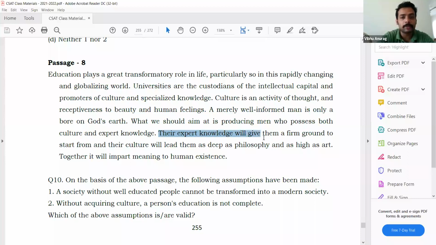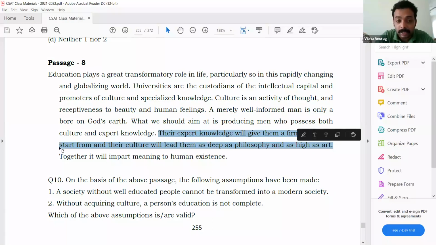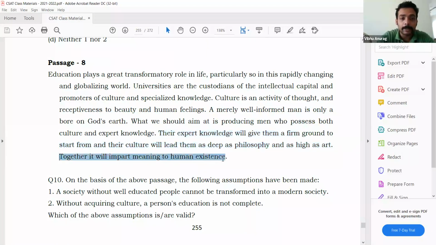Their expert knowledge will give them a firm ground to start from, and their culture will lead them as deep as philosophy and as high as art. Together, it will impart meaning to human existence. So this is the suggestion given by the author, that education and culture both should be emphasized.